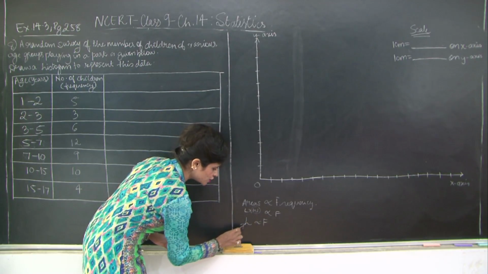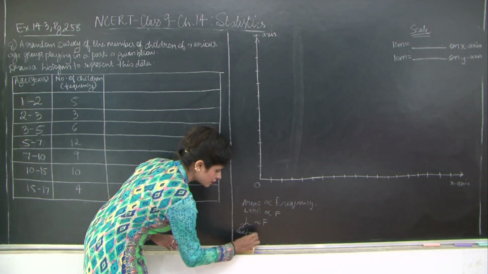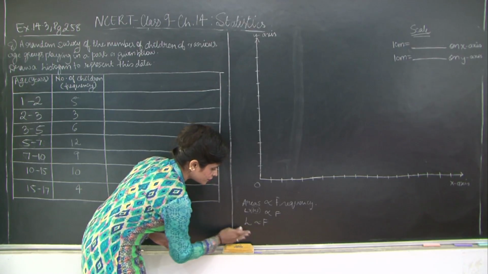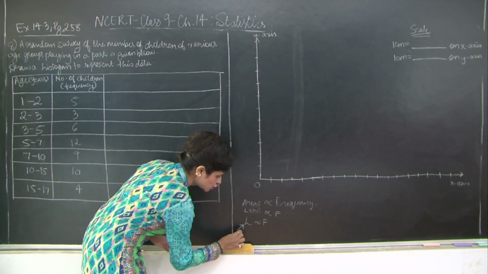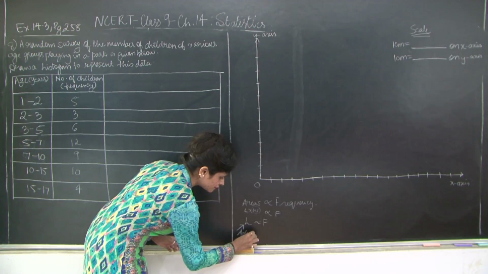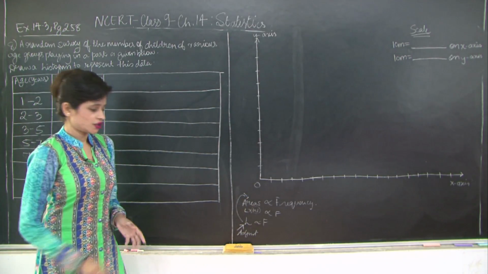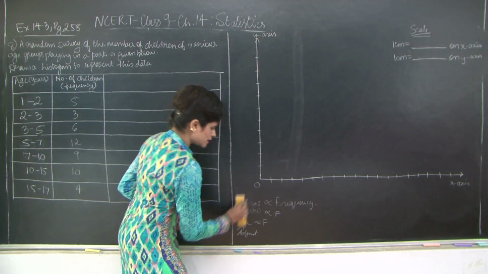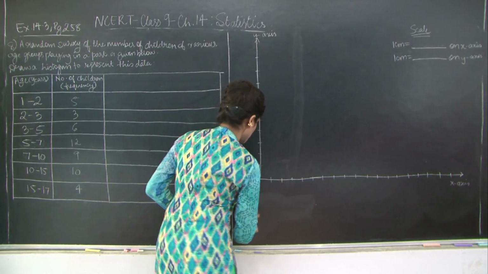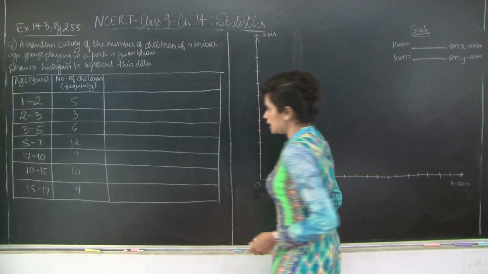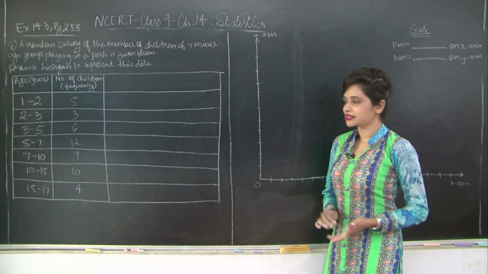The lengths need to be adjusted such that the area becomes proportional to the frequency. So now what we are going to do is adjust the length of the rectangles by adjusting the frequency.